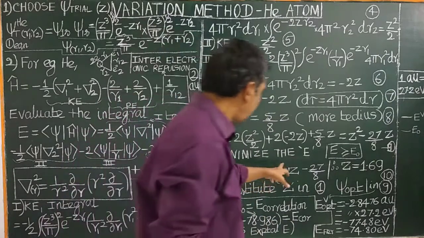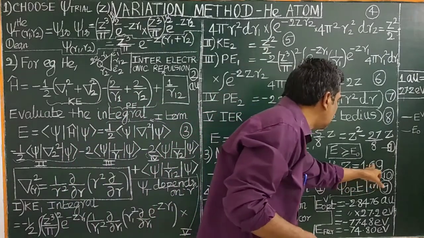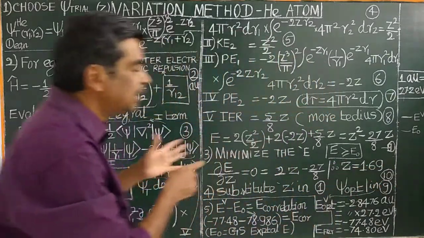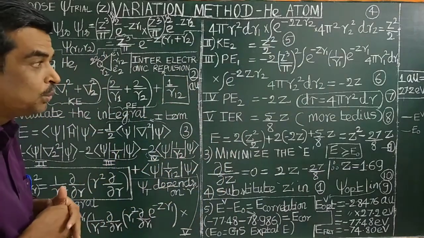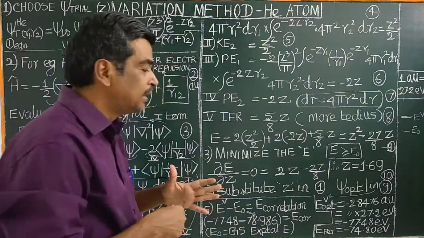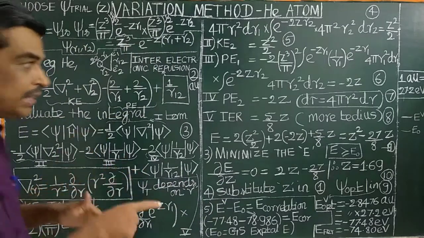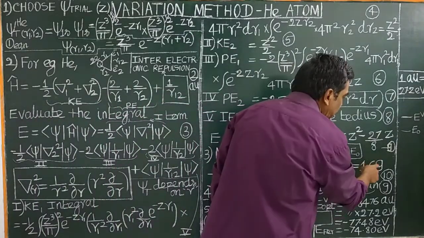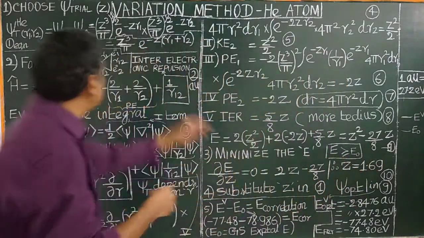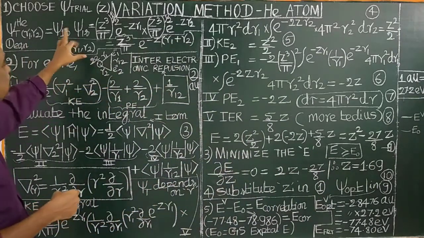On simplification, Z equal to 1.69 is obtained. You see, the Z value is only 1.69, whereas the atomic number Z is equal to 2.